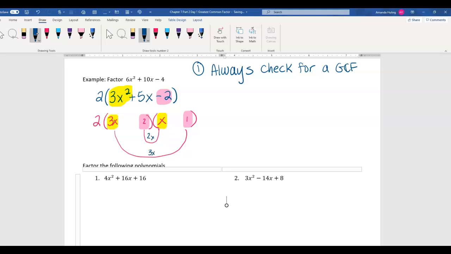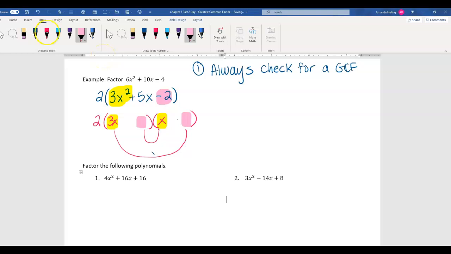Now, we need to be very careful because that can give me positive 5x, but they would both have to be positive. Can they both be positive? No, they both can't be positive. And the reason they both can't be positive is then I would have positive 2 here. So I know that's incorrect. So I need to go change that.